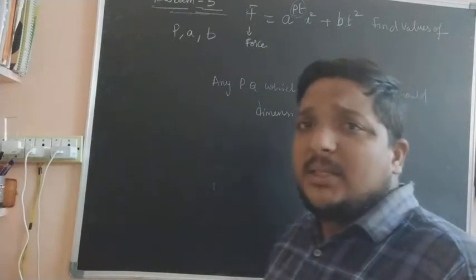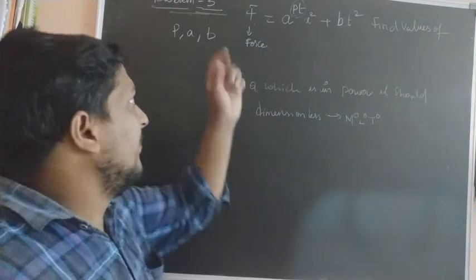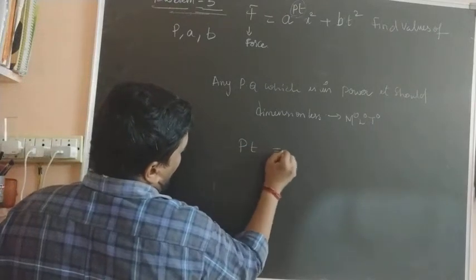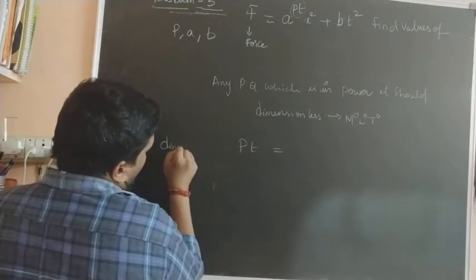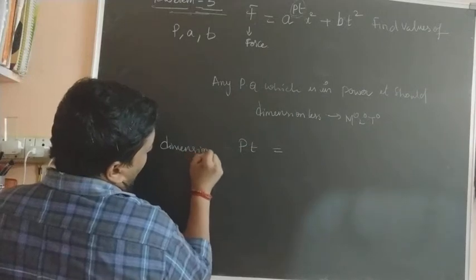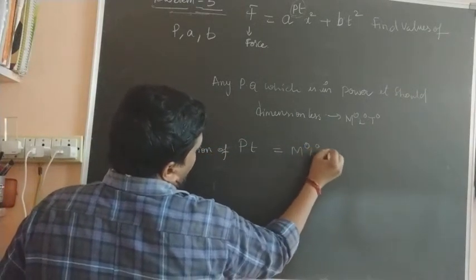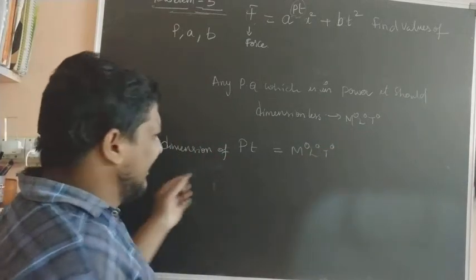By applying this, we can find the dimensions of p now. The dimension of pt is equal to M power 0 L power 0 T to the power of 0. Right? It's a simpler thing.